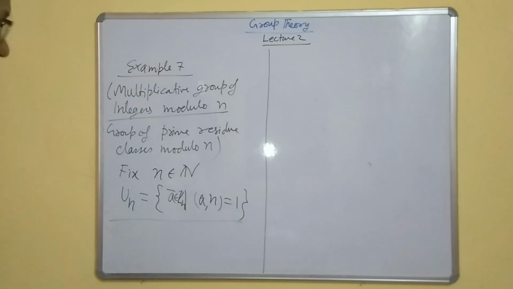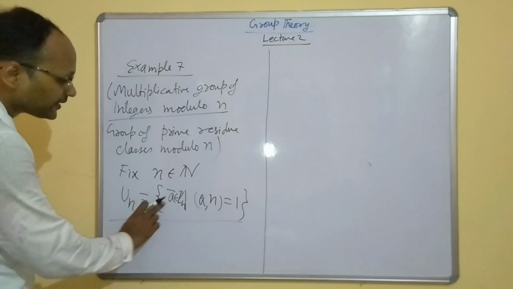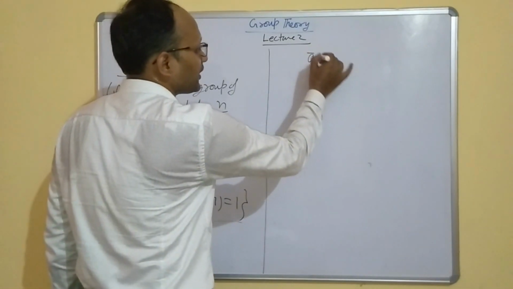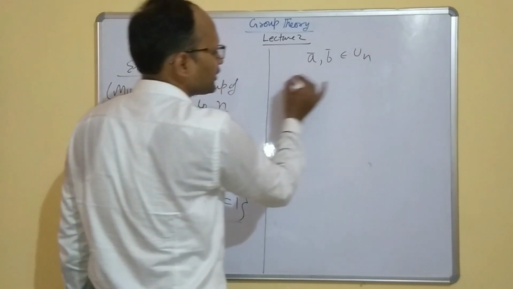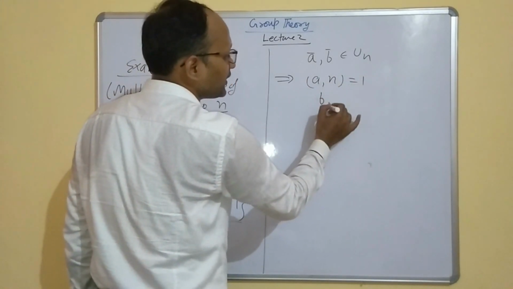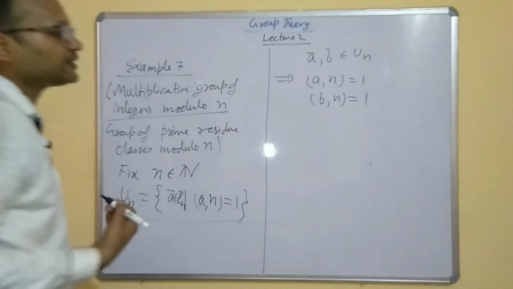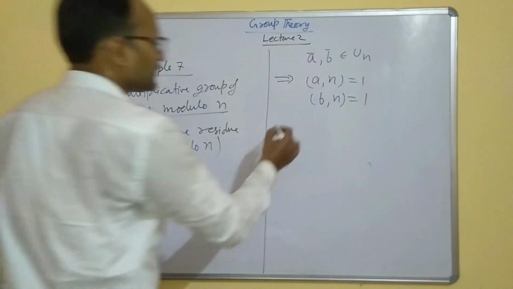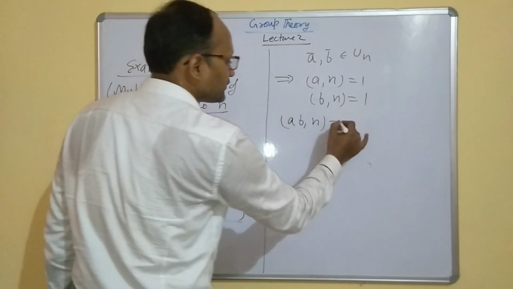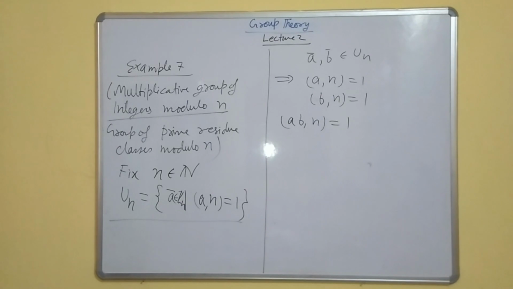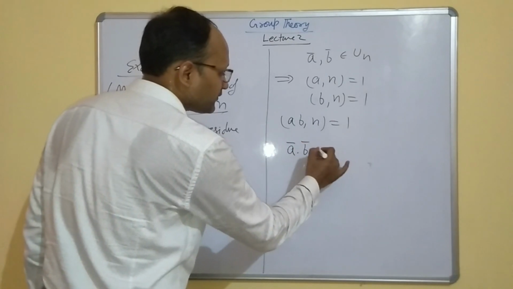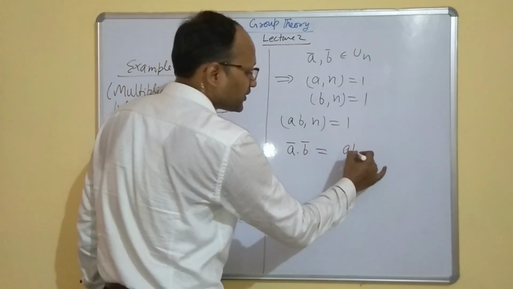First we have to show that if we take two elements in this set, then their product will be in this set. So suppose I take a bar, b bar in Un. It means that the GCD between a and n is 1 and the GCD between b and n is 1. So if the GCD of each is 1, then the GCD between ab and n will also be 1. Now we know a bar into b bar, by definition of multiplication, is ab bar.